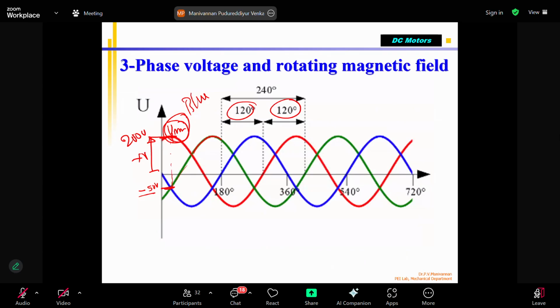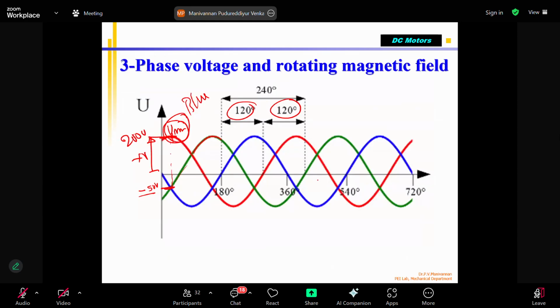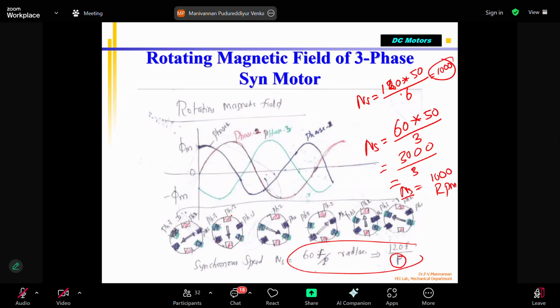You can see the poles, these poles are shifted by 120 degrees, as a pole pair. Voltage and current are applied, so the rotating field is created. The rotor gets locked with the rotating magnetic field, which is invisible. Please note that the magnetic field is invisible. So automatically the rotating magnetic field from each phase pulls the rotor like this, and so the rotor rotates.